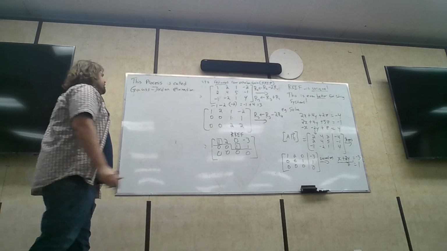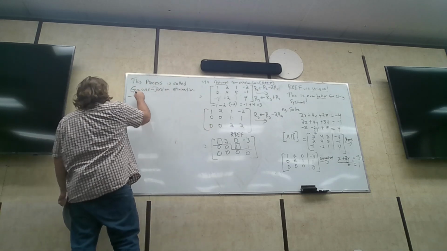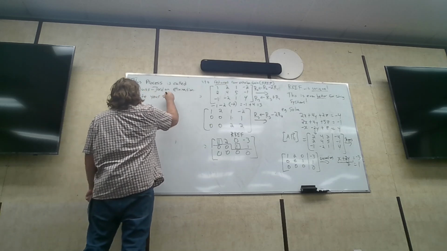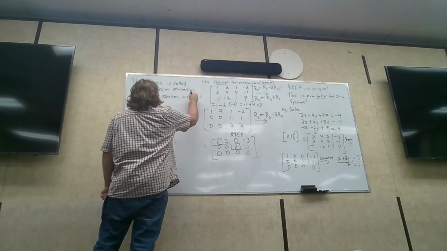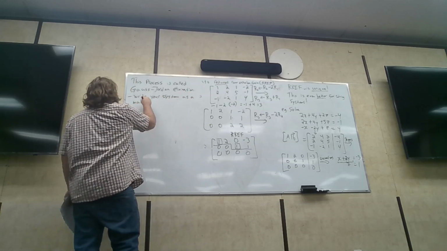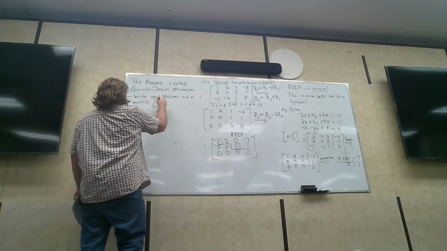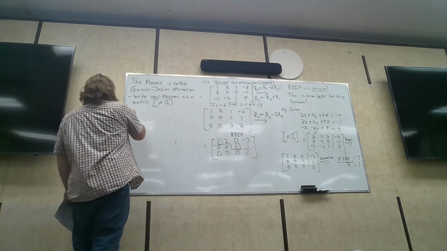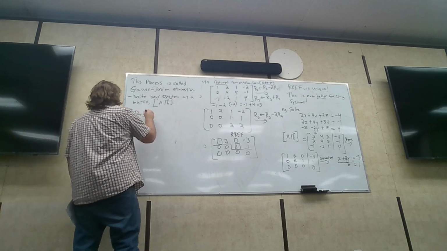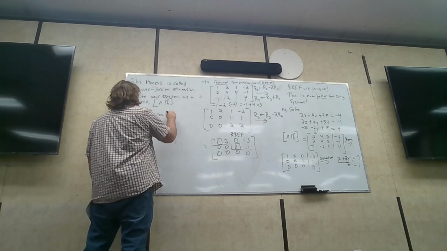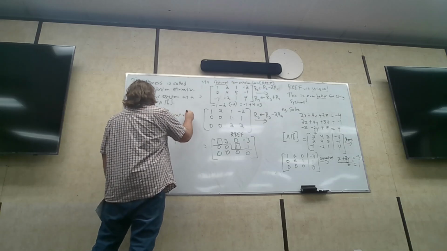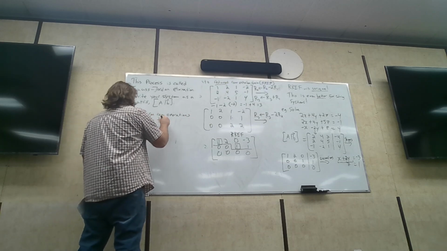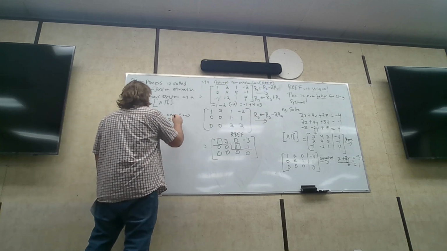But the meat of it is: step 1, write your system of equations as a matrix. So that's this thing, right? Step 2, perform row operations to get to the unique reduced row echelon form.